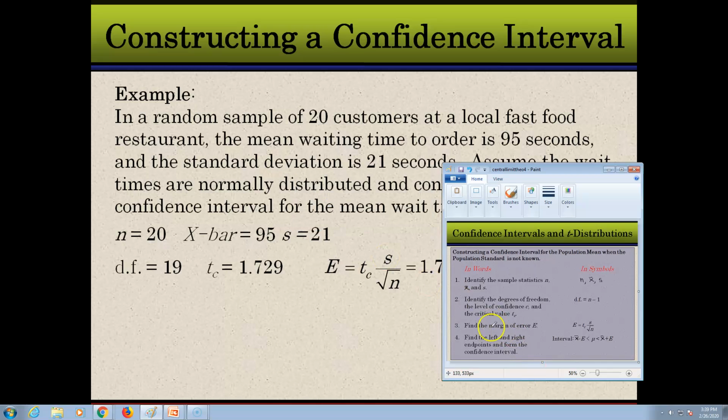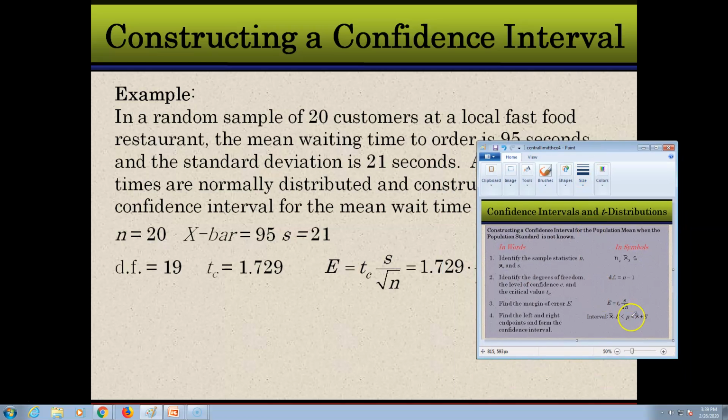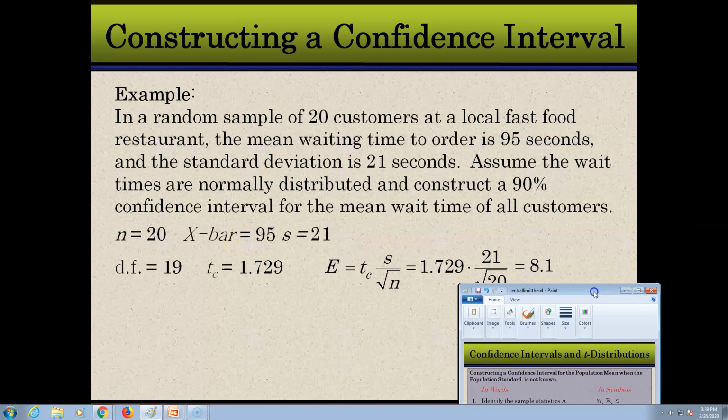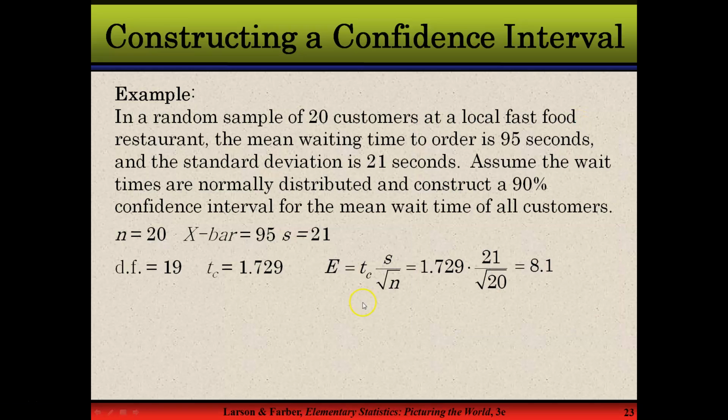Okay, let's go to the last step, step number 4. I'm going to make my interval. I take the X bar, 95, and subtract my margin of error, 8.1, and that's how I get the left end of the interval. For the right side of the interval, take the same two numbers, 95, the X bar, and the E, 8.1, and add them. That's how you get the right end.